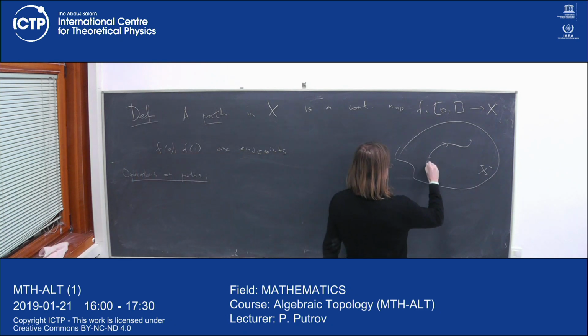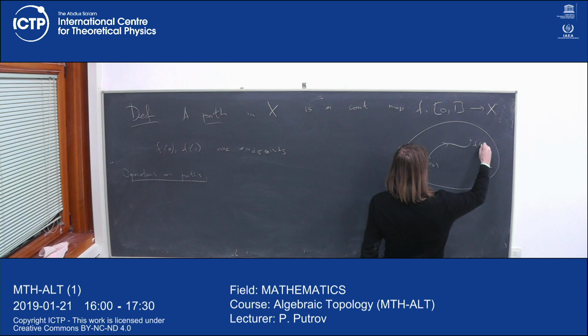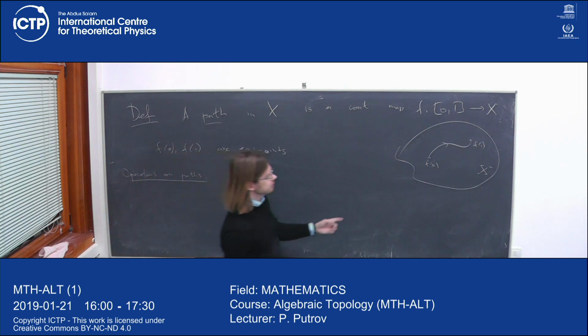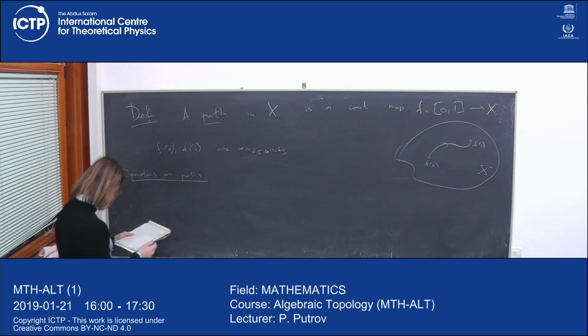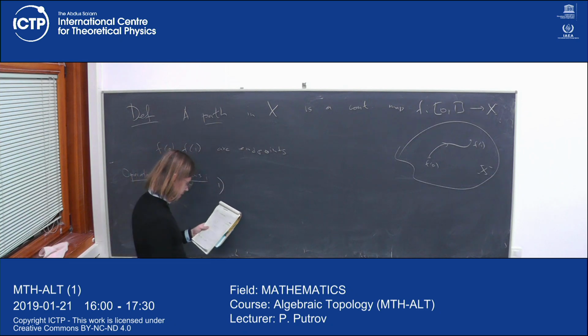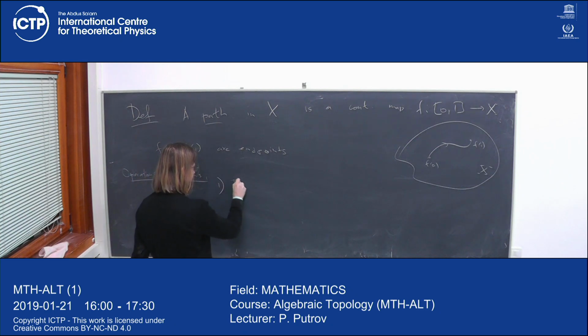So this is F of 0. This is the image of an interval. So the first operation which we want is taking the inverse.